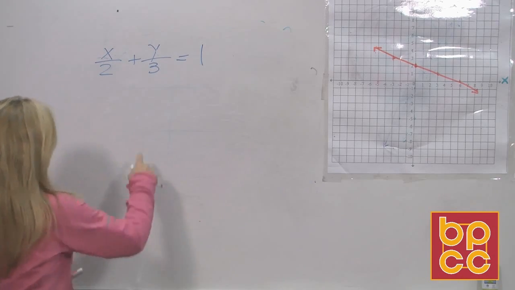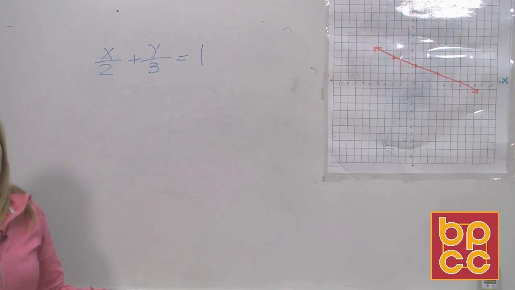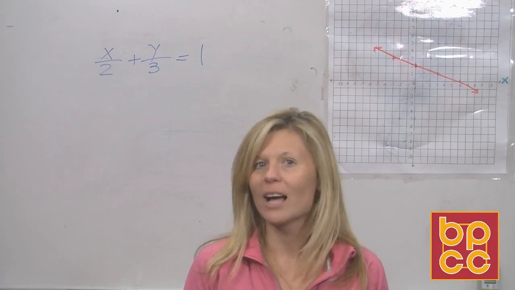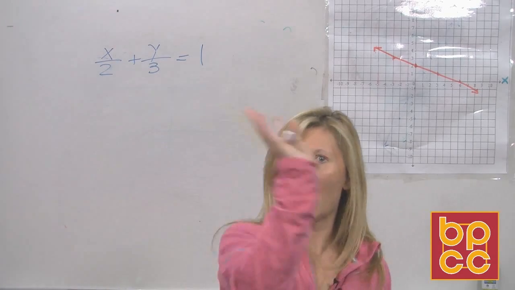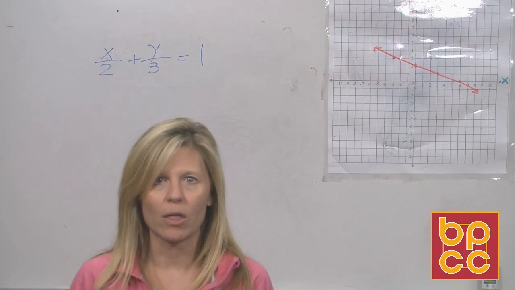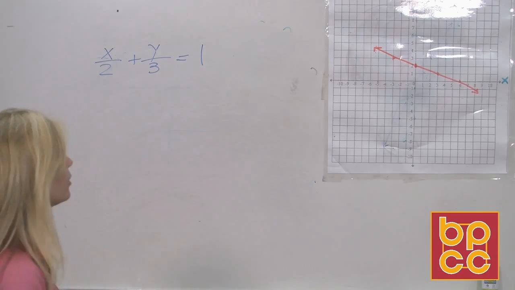Well, sweethearts, before I ever get y by itself, what do I not like about this equation we've talked about all semester? That's right, I don't like the fractions. We learned a long time ago, if you're dealing with equations and they have fractions, get rid of them. To get rid of a fraction, what operation do we do? Very good.